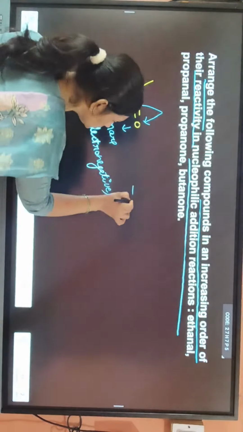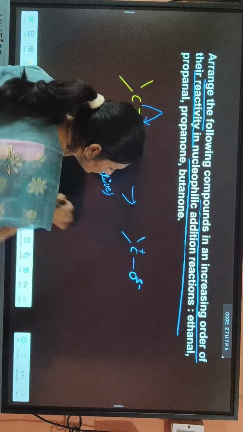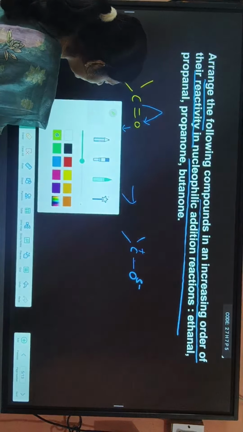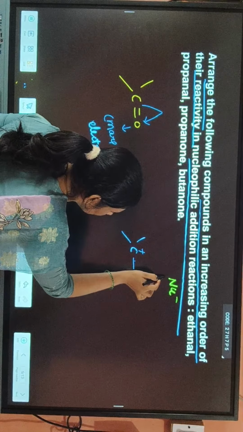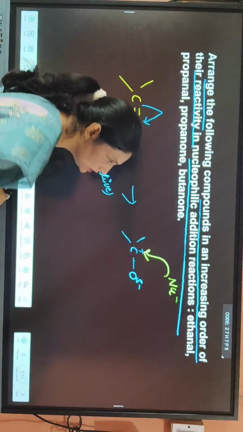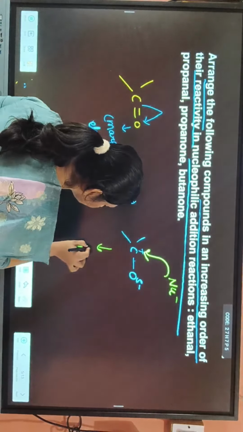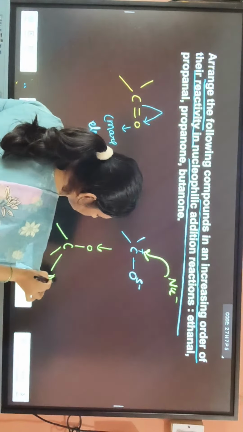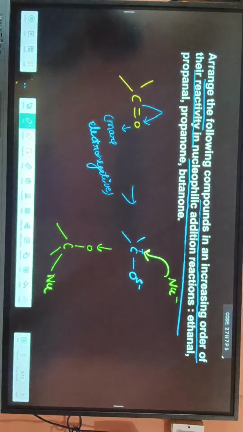Then what will happen? A deficiency will be created at this carbon, so a nucleophile will attack this carbon, and finally a nucleophilic addition reaction can take place.